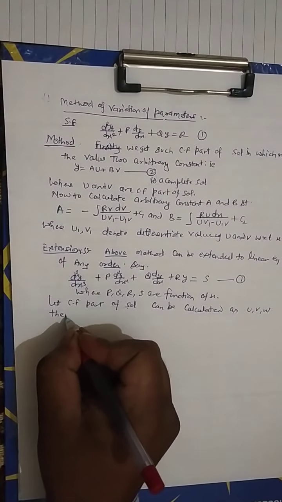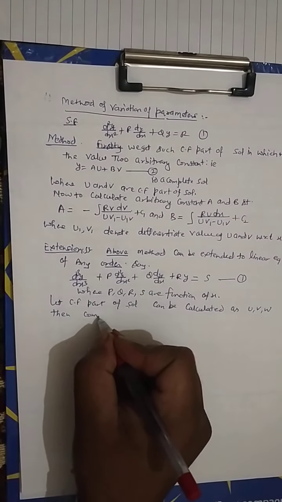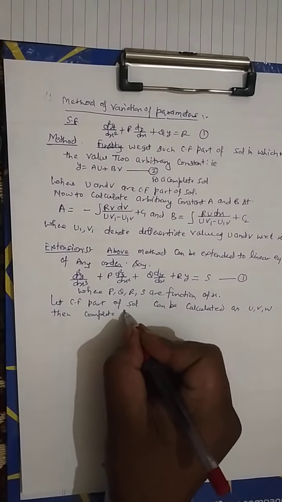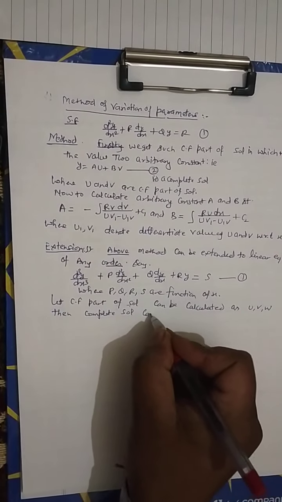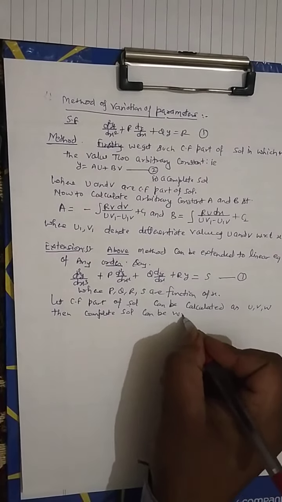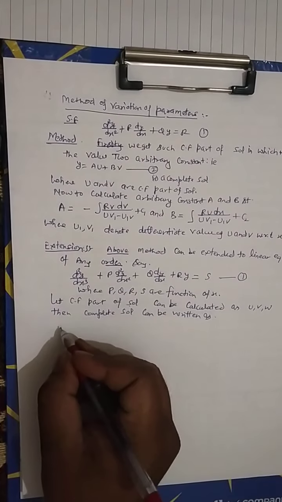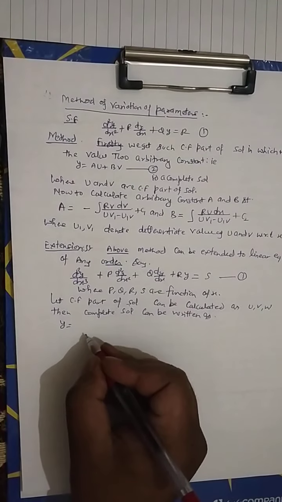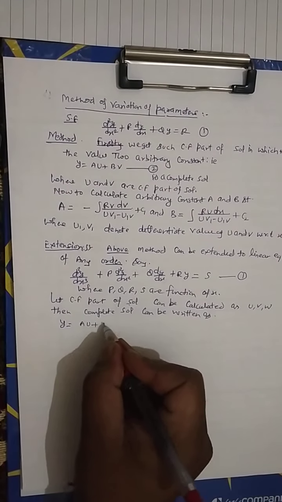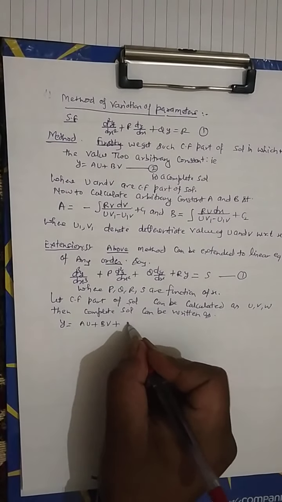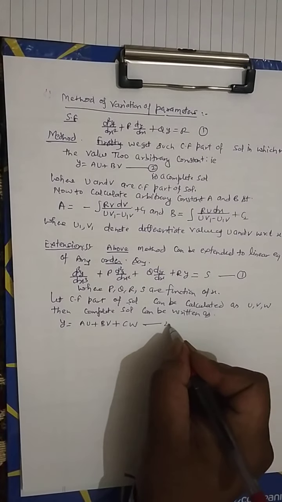Then the complete solution can be written as y is equal to Au plus Bv plus Cw, equation number 2.